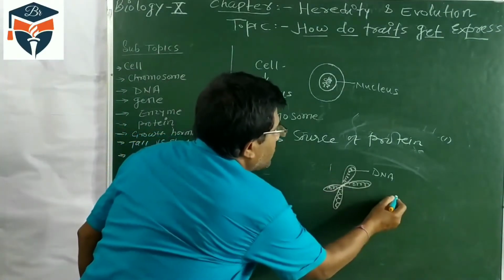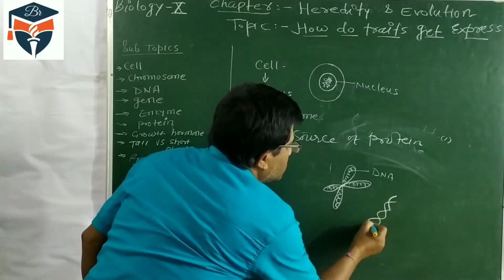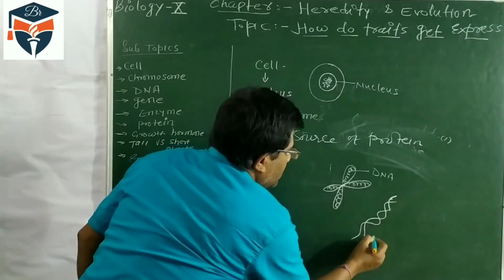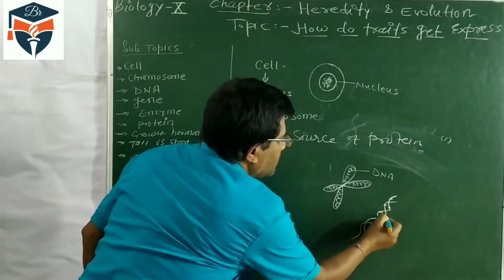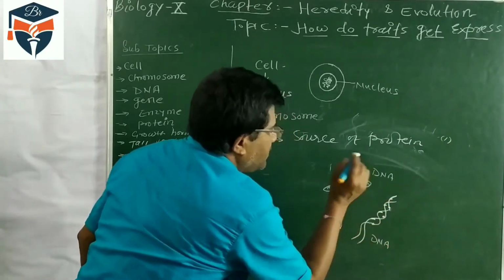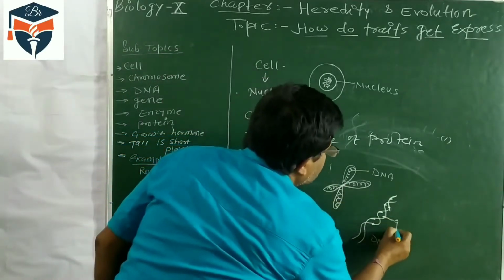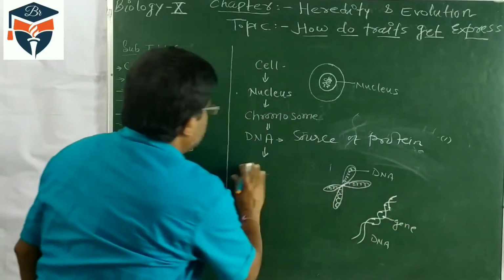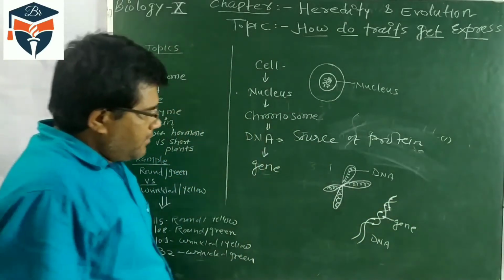This is the DNA molecule. In this DNA molecule, there are some small beaded-like structures, and these structures are called genes.